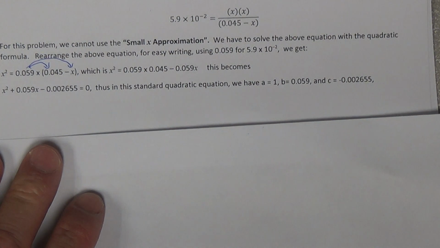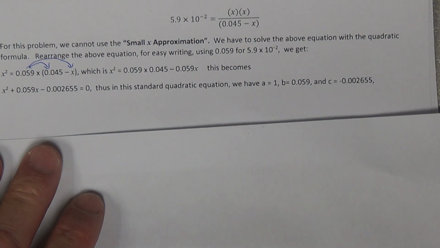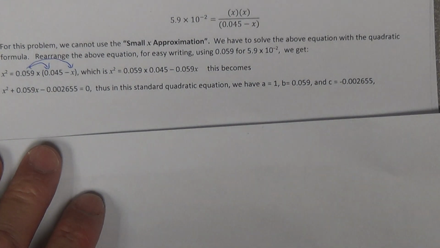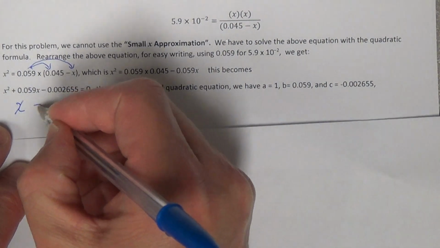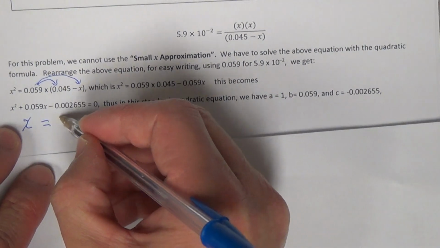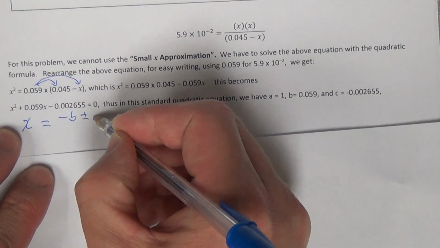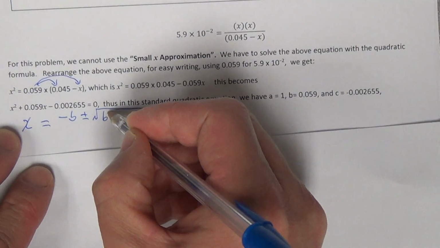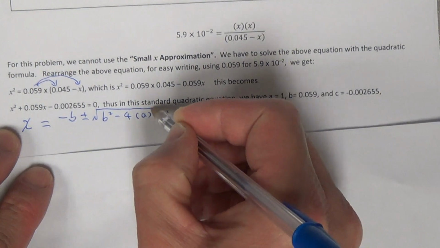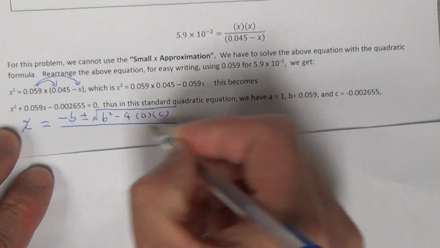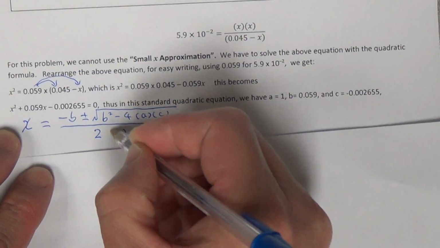Then we can use our quadratic formula to solve it. So it's kind of a tedious problem again, and you want to use the quadratic formula. So we will write x equals negative b plus minus square root of b squared minus 4 times a times c, divided by 2 times a.